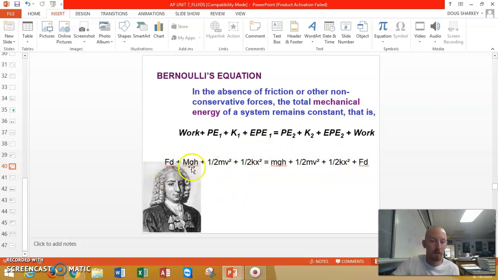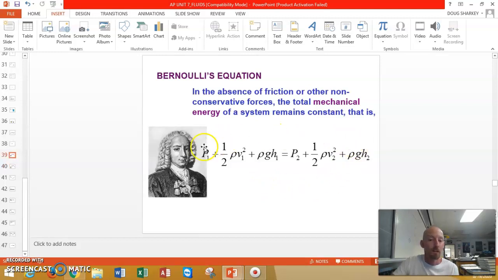So you might have potential and elastic before something happens, and then it might turn into kinetic after. Bernoulli's equation, if I go backwards, is just a statement of that conservation law. So I'm just going to show you how we get to here.